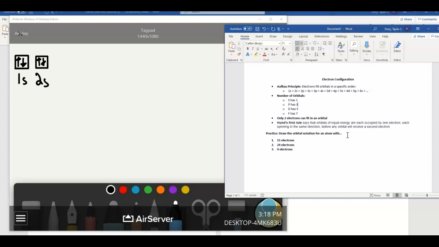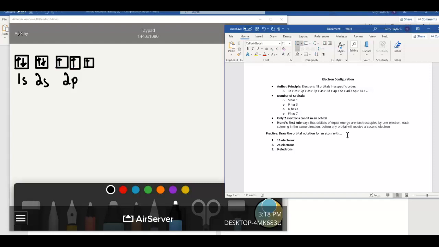Now we're going to go on to 2p. And I know 2p has 3 orbitals, so I'm going to draw those. 1, 2, 3. And again, look at how I'm filling these up.